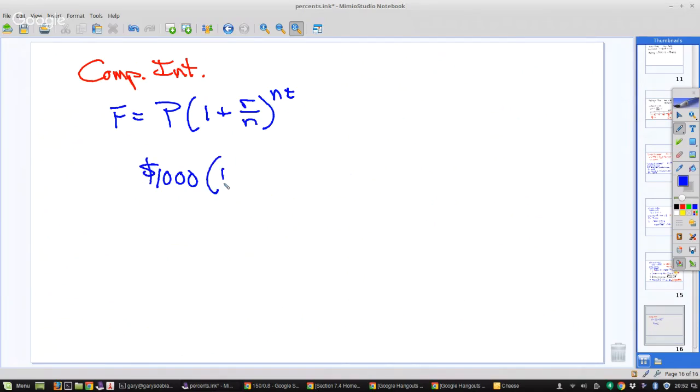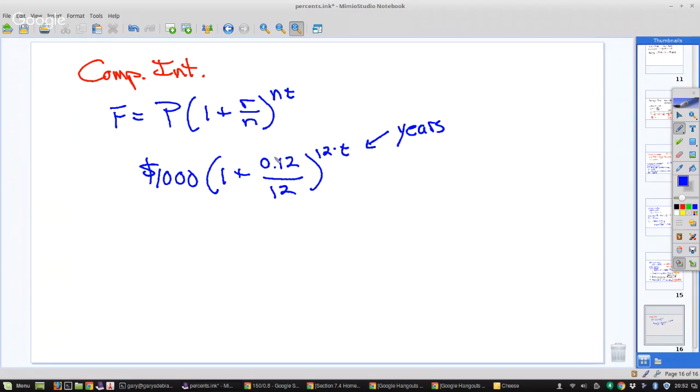My annual percentage rate was 12%, or 12/100ths, and I was collecting interest 12 times a year. N is 12, t is time. So this would be an expression here for any time in the future where t is the number of years that have expired. And it could be a fraction of a year, or a whole year, or multiple years. So if we plugged in 1 year there, we would get that number we got earlier. We could plug in 2, and so on.